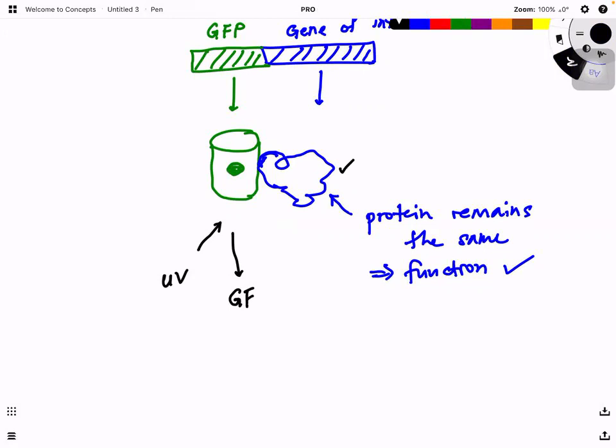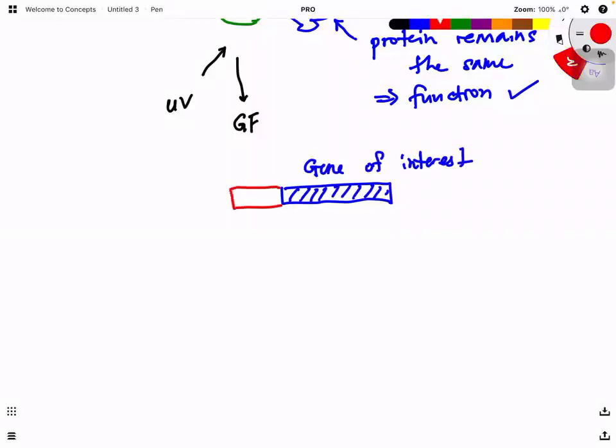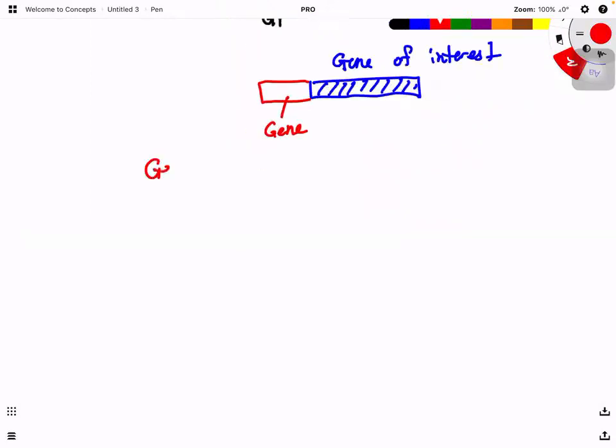But if you fuse our gene of interest with, let's say, simply any other gene. Okay, so if this red color gene alone, maybe you form the protein like this.